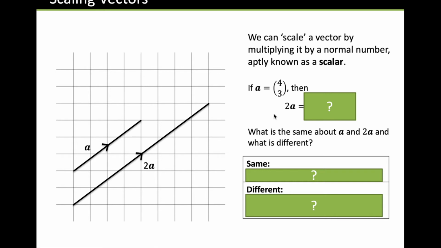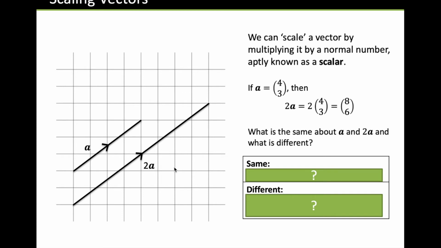Say here we have vector a, and this is vector 2a. Just like in the previous slide, if you have vector 2a, you multiply 2 to each component in vector a, and that gives you (8, 6). If you observe these two vectors, what's considered the same?